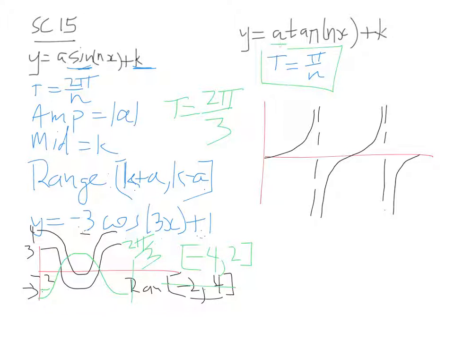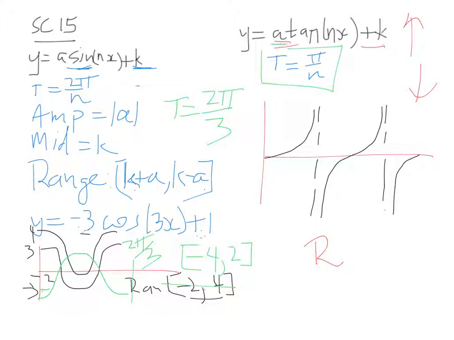So we don't have an amplitude because the range is all real numbers. Once again, k still moves it up if it's positive, down if it's negative, and that's still our midpoint, just like it is here. And a is a dilation from the x-axis, but it does not give us an amplitude.